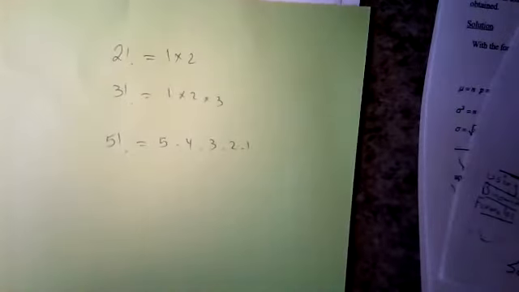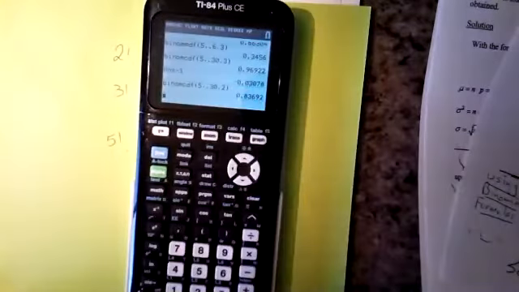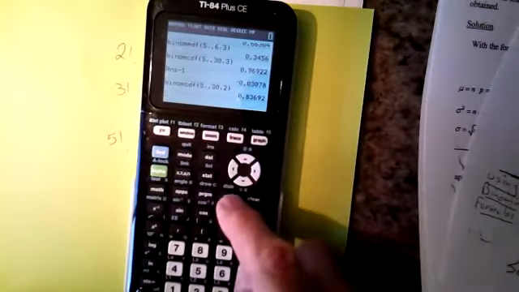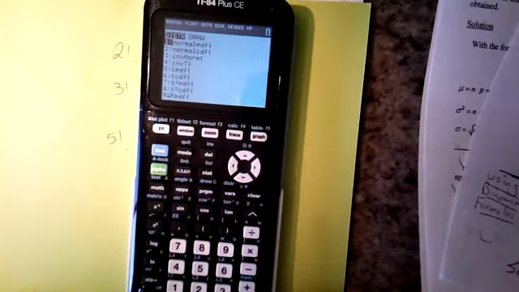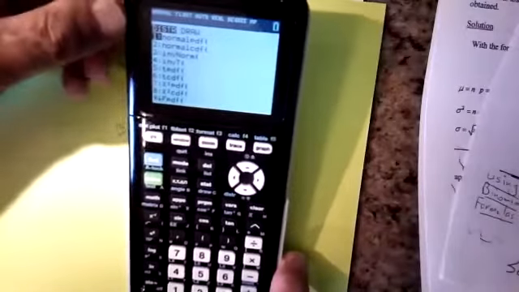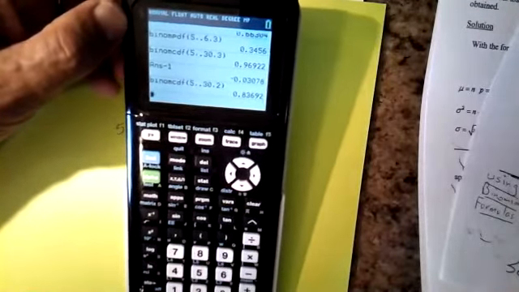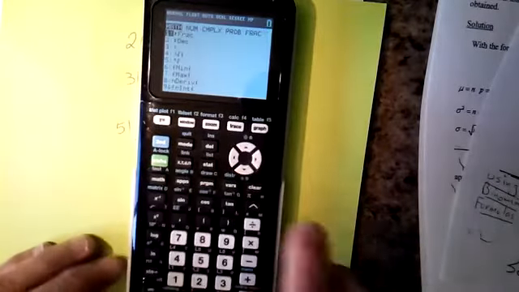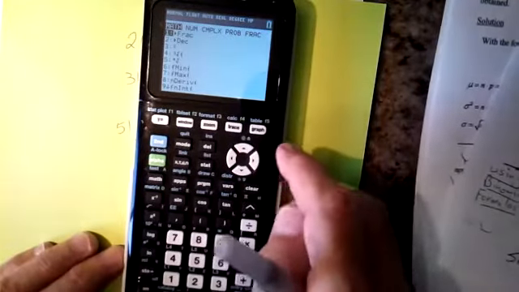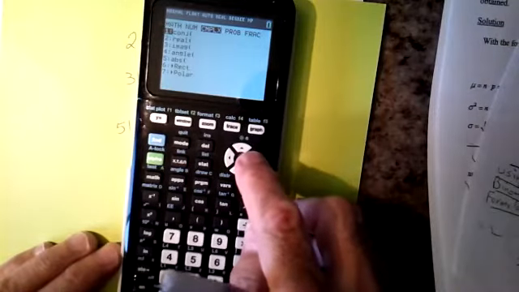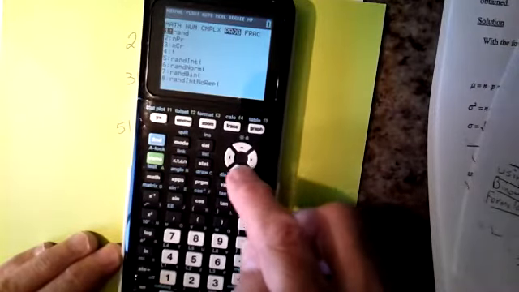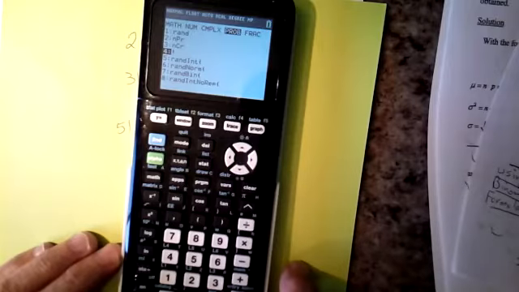On your calculator, you go to math, M-A-T-H, and you go to probability. That's where the factorial is, number 4, okay?